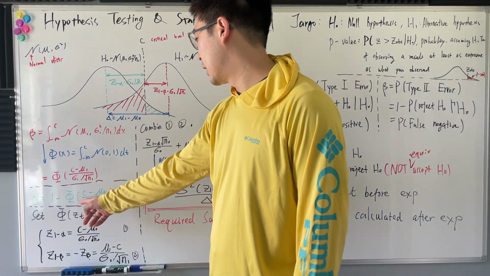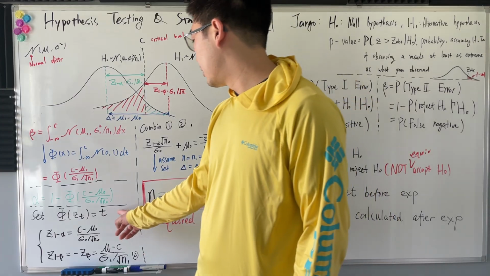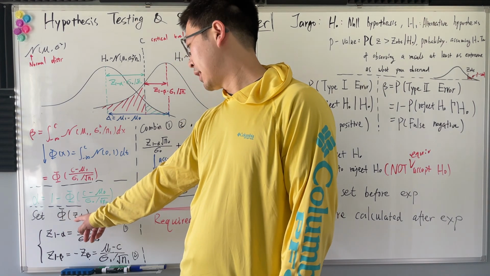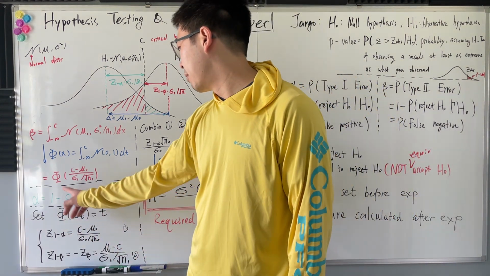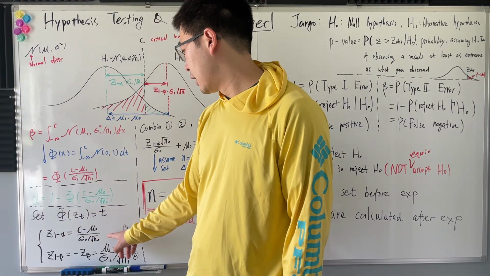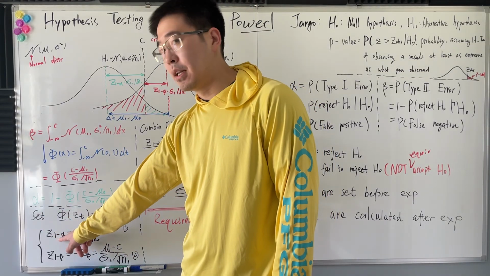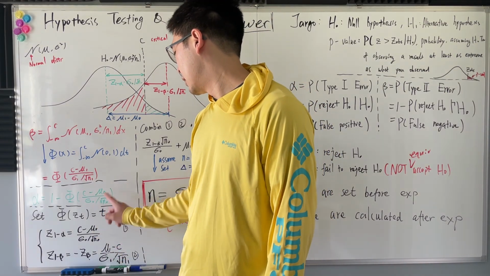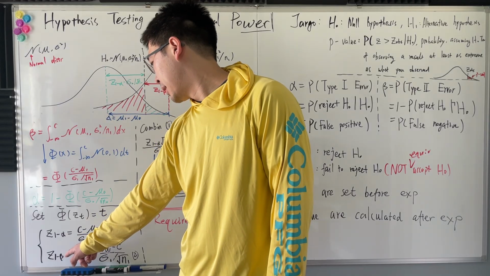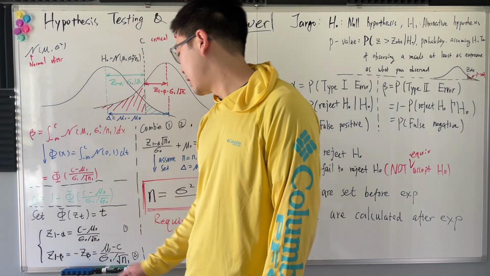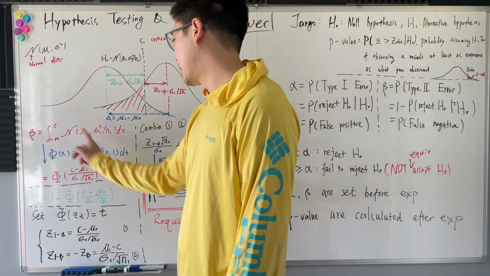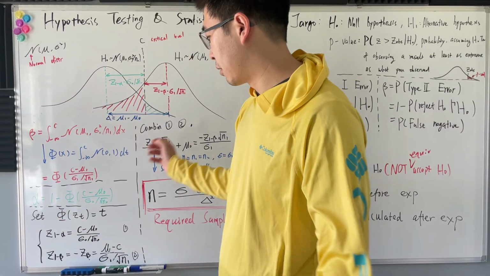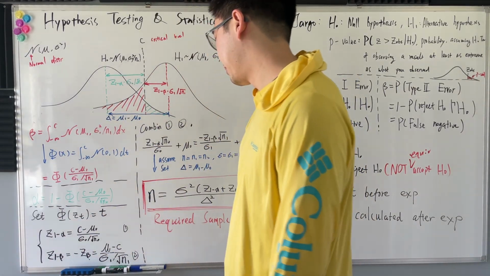You get those two equations, and then you can use the definition phi of z_t equals t to express them in terms of z. Then z_{1-alpha} equals c, just like this. And z_{1-beta} equals negative z_beta, based on the definition, because this part plus the other side equals 1.